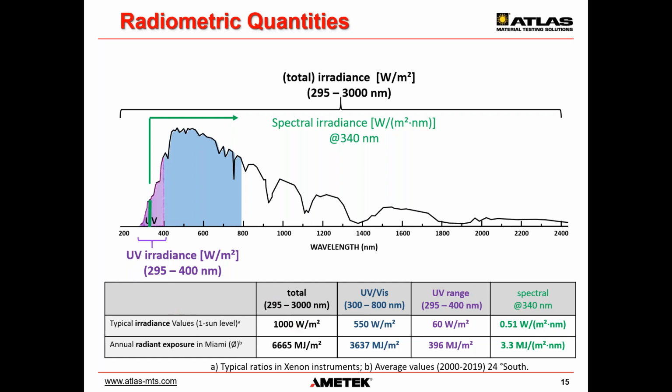And the annual spectral radiant exposure at 340 nanometers would be about 3.3 megajoules per year. So in principle, if you look at the sun with these different types of radiometers, these would be the values you measure as irradiance and as irradiant exposure.